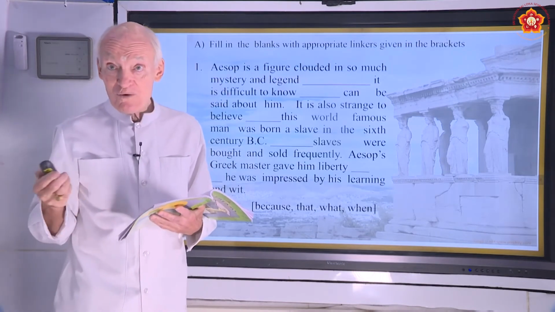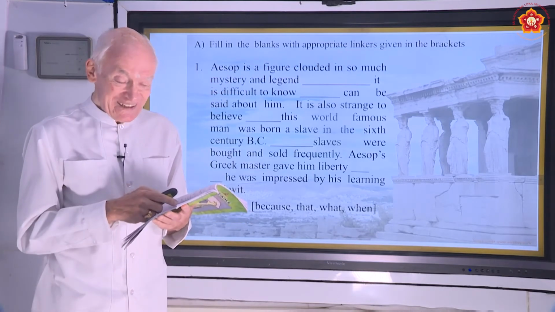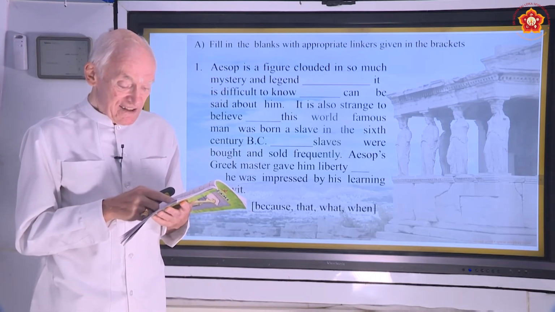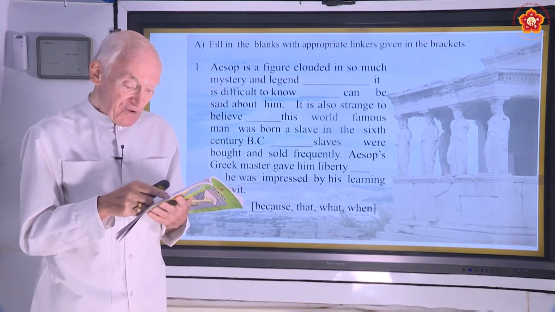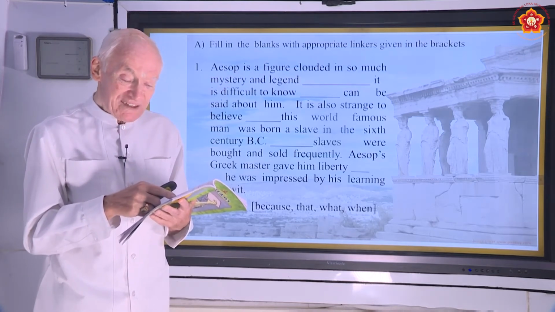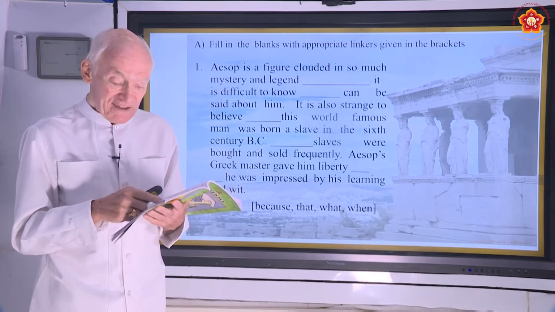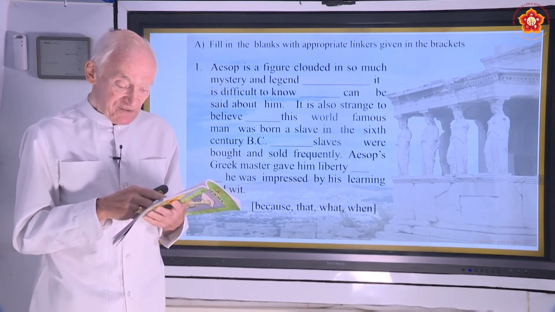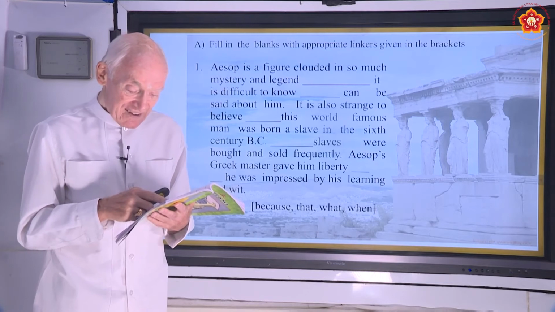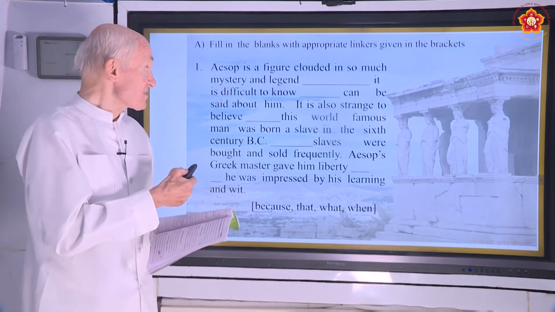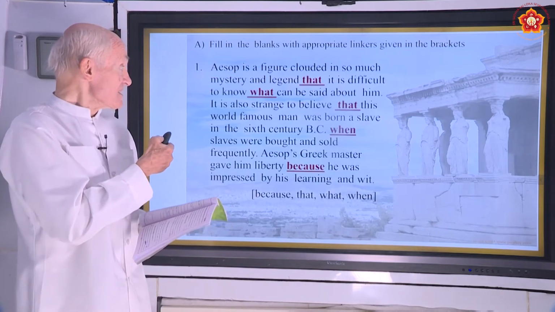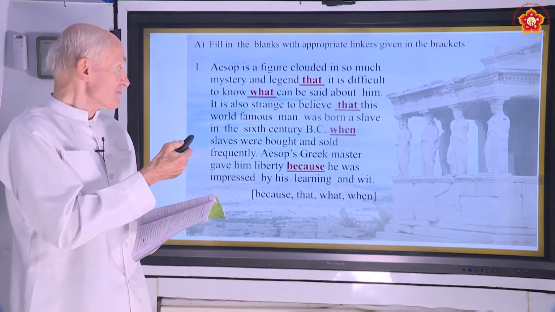To know what? Okay, let's look at our linkers. Because, that, what, when. It is difficult to know, okay, what can be said about him. When doesn't work, because doesn't work, that doesn't work. What can be said about him? What is the correct word? Let's see. To know what can be said about him.